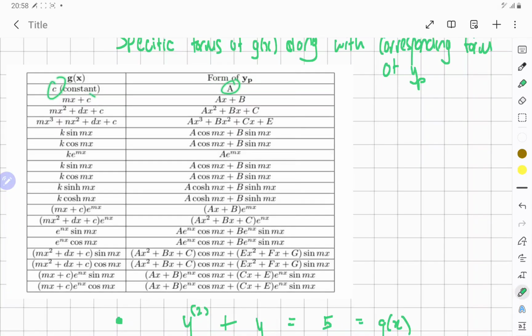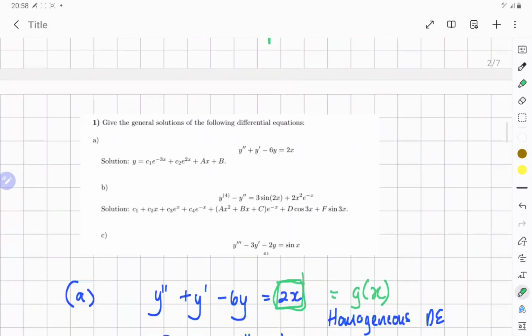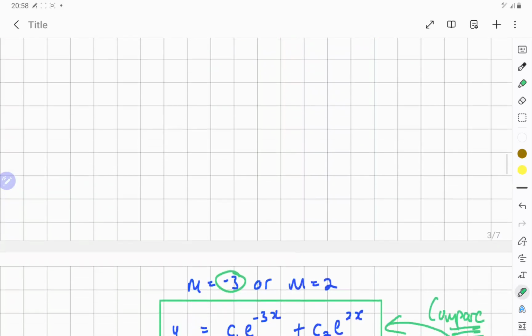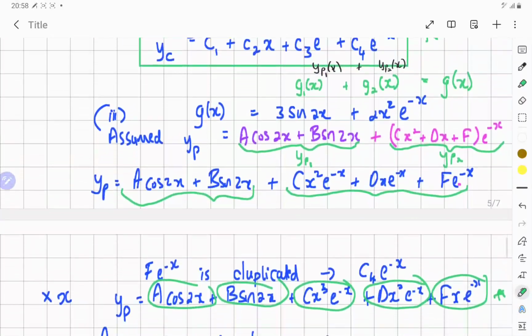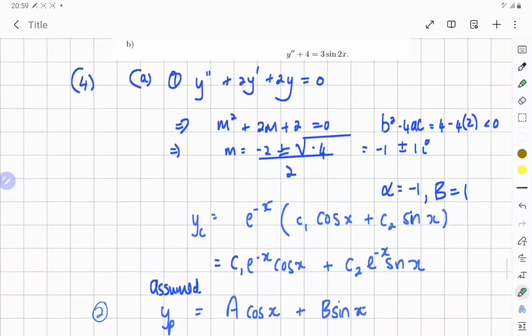Constant, constant, linear, linear, quadratic, quadratic, and so on. The only two that are a bit different, if you have sine, corresponding form y particular will be that sum. Same for cos, e to the mx, e to the mx, and then all these products. So just familiarize yourself with the table before you start with some questions.